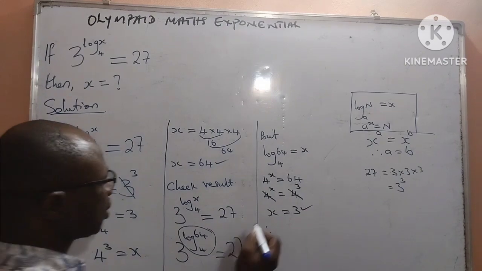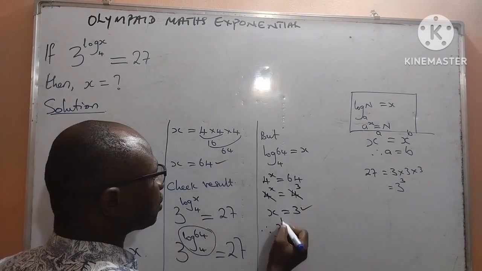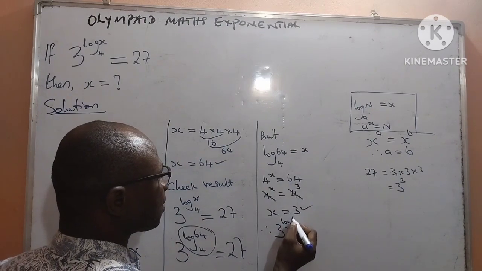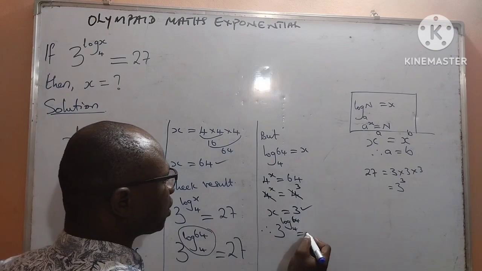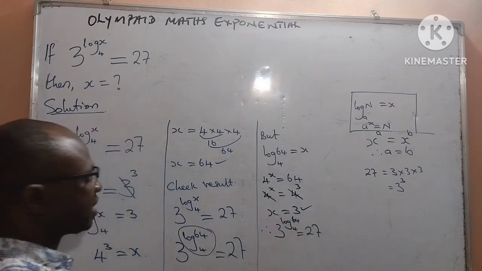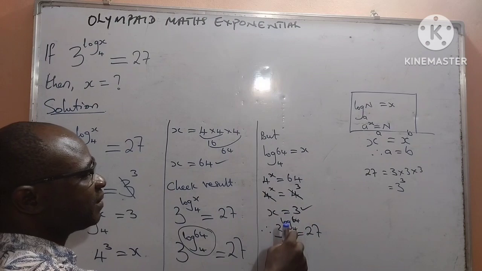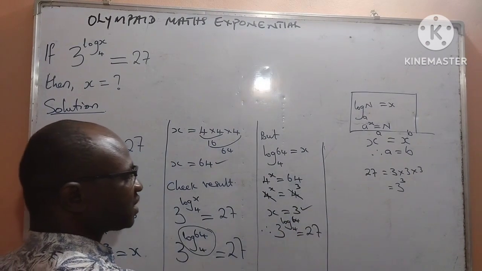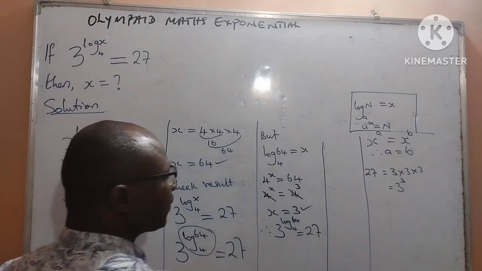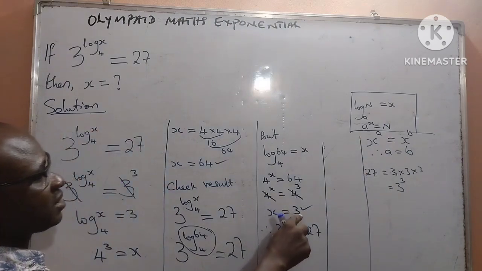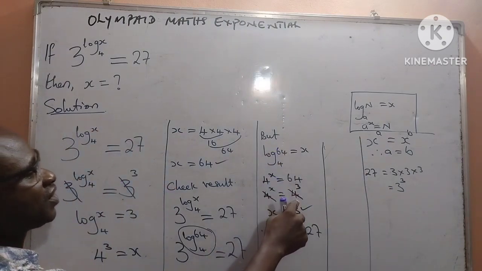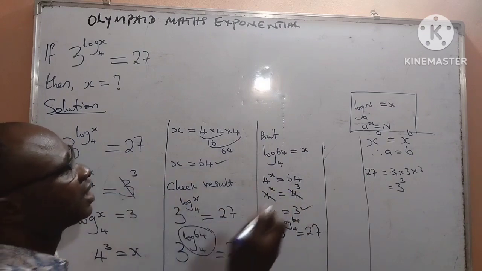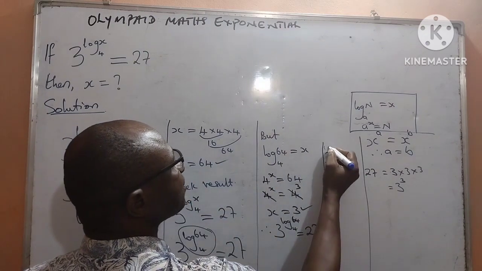Therefore, 3 raised to log 64 base 4 equal to 27. I will now replace log 64 base 4 with 3, because that is what I solved here and I got my answer to be 3. So I write 3 raised to power 3.